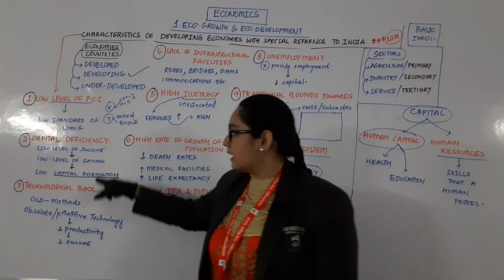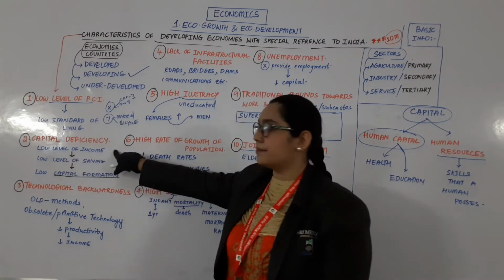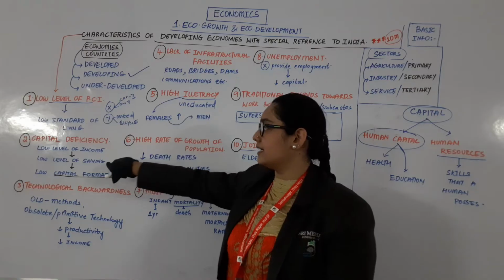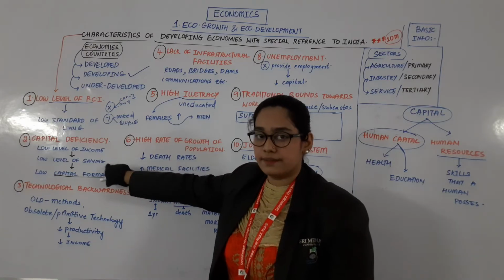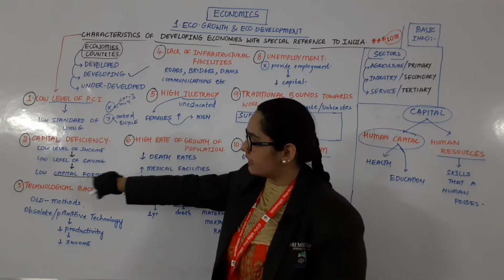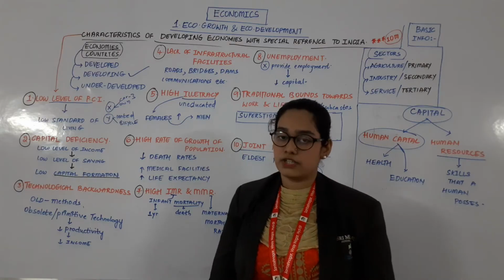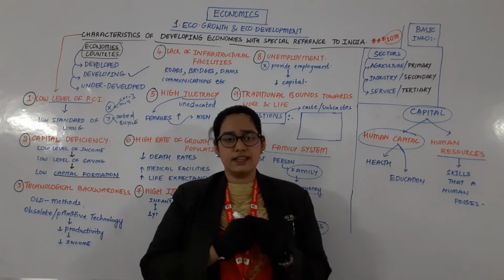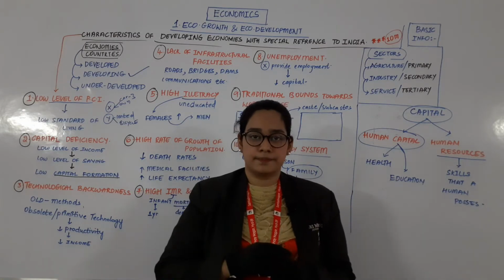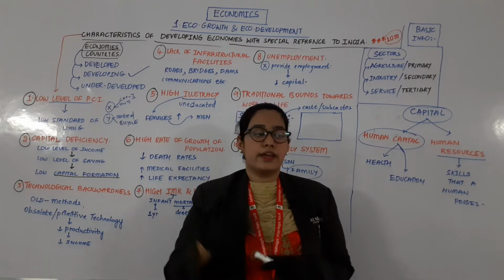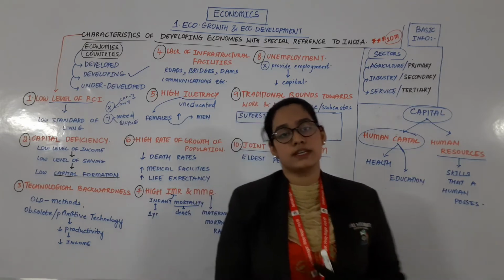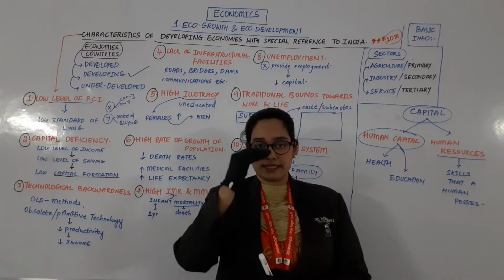Now low level of income will indicate low level of saving, and low level of saving will indicate low level of capital formation. How? When you earn less, say you are doing some job and your salary is just 5,000 a month, that means your income is less.